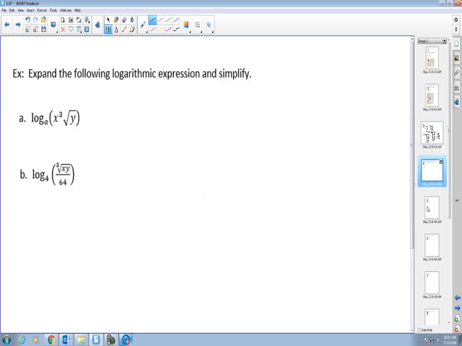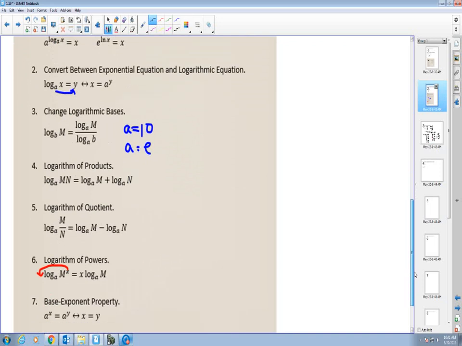Alright, now the following example is expanding a logarithm expression and simplifying. I want to review expanding the logarithm here for a minute, and material like this has something to do with solving logarithm equations. So remember the log of a product.